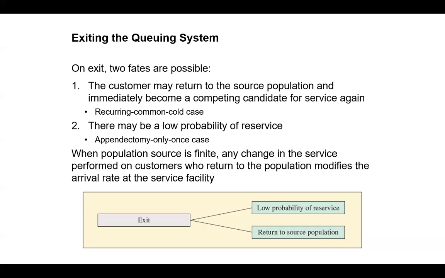So if the customer may return, this is what we call the recurring common cold case. Or if they have a really low probability of being served again, this is what we call this one. And this is the last thing I'd like to introduce for all the fundamental concepts you need to figure out.